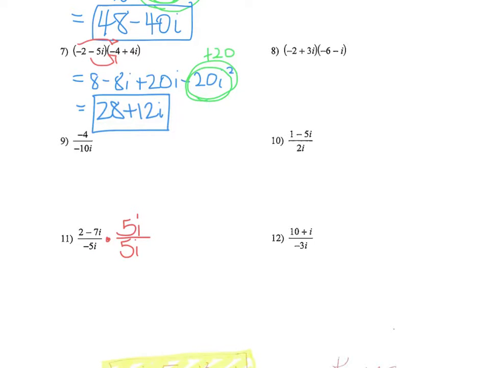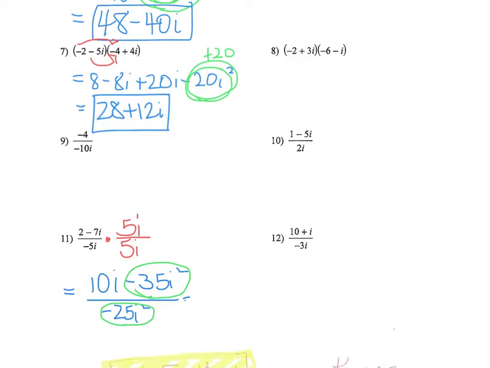In the numerator, that gives me 10i minus 35i squared. In the denominator, I get negative 25i squared. Notice you have an i squared on both of those. Those both need to be simplified. This becomes positive 35 and this becomes positive 25.